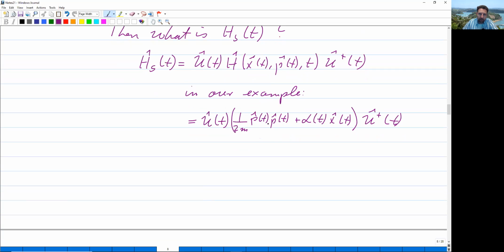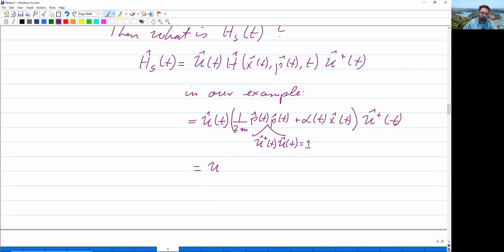In here, we can squeeze in an identity operator, namely u hat dagger of t times u hat of t, which is the identity, right? Let's squeeze that in here.